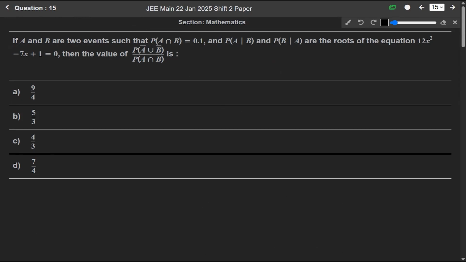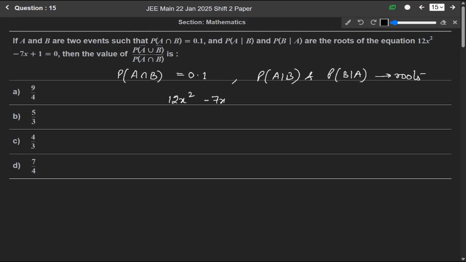Okay. So in this question, we are given P(A intersection B) is equal to 0.1, and P(A|B) and P(B|A) are the roots of the equation. The equation is given as 12x square minus 7x plus 1 equals 0.